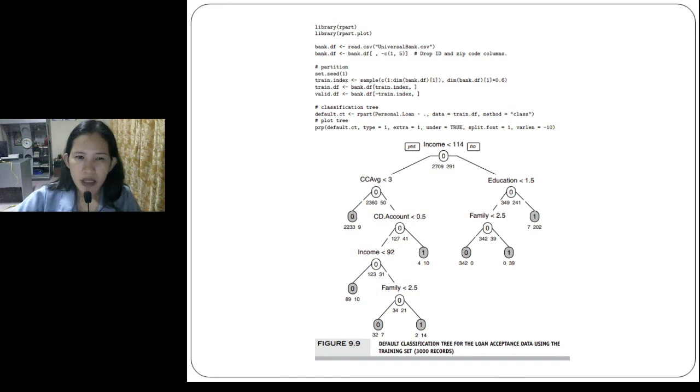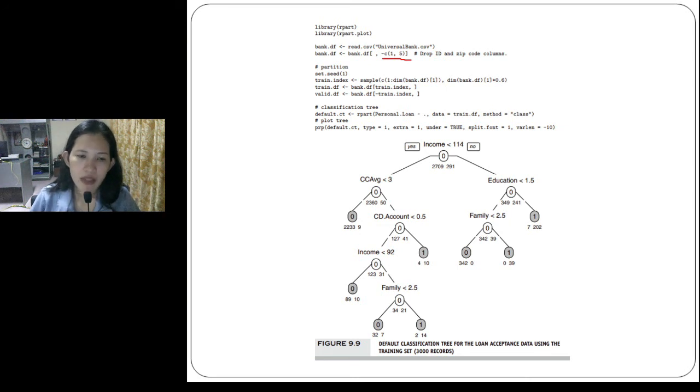Next we exclude columns 1 and 5 from our dataset. Those are the ID and ZIP code variables, so they will be excluded from the analysis. Next is the partitioning, where we set the seed to 1.